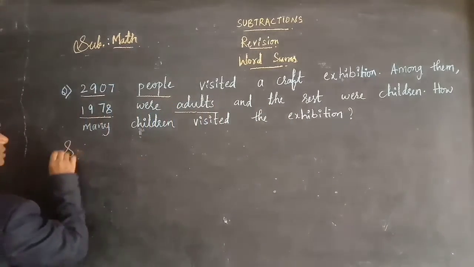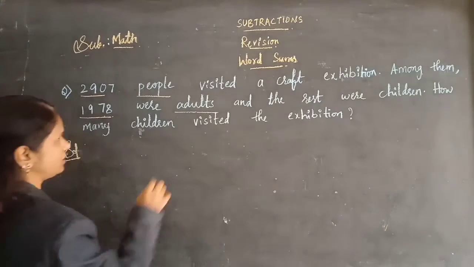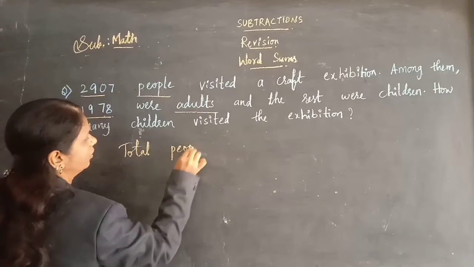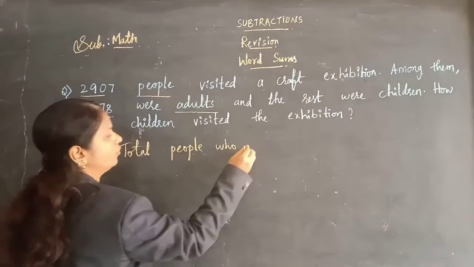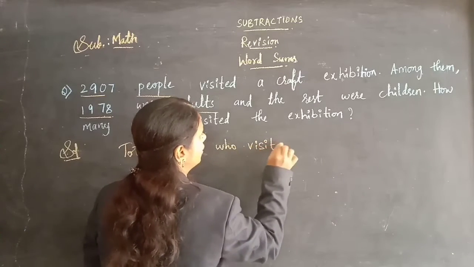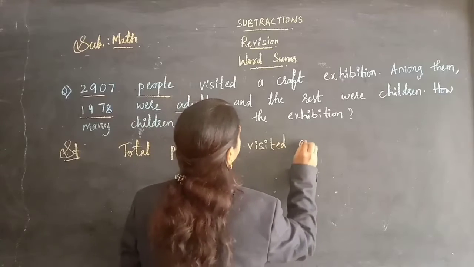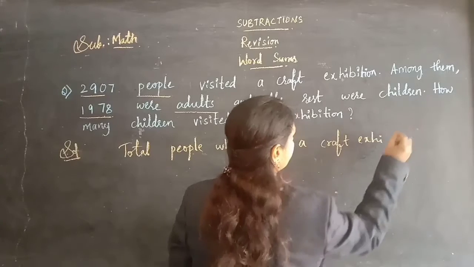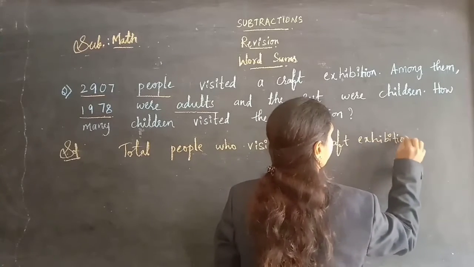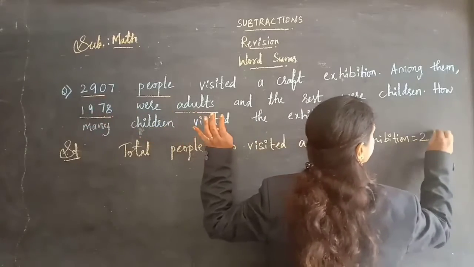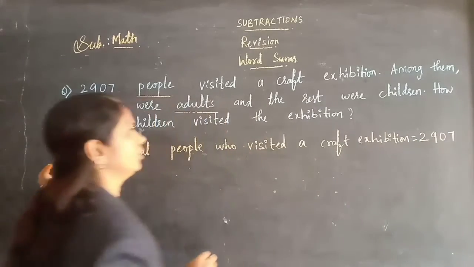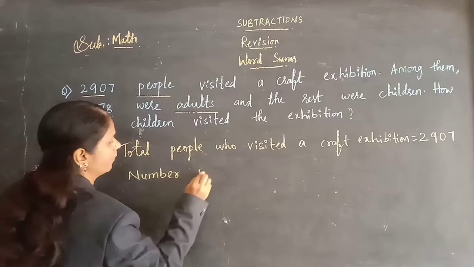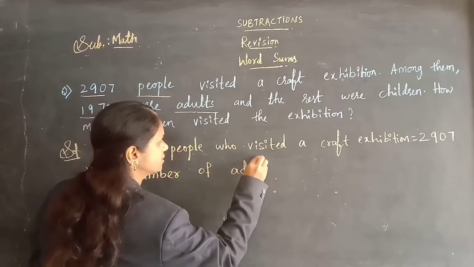Come on, let me write the steps here. Total people who visited a craft exhibition. So how many here? 2907. And in that, number of adults.